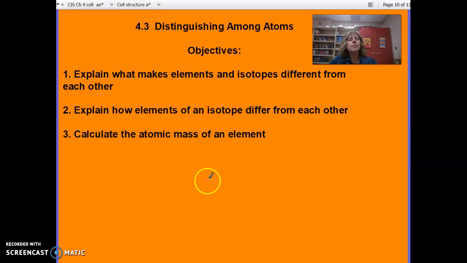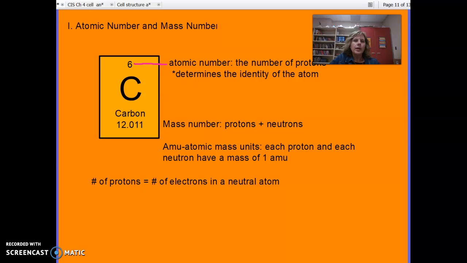All right, the last part of this chapter, and I feel like chapter 1 is very short. We're going to talk about isotopes, how they're different from each other, and what makes an isotope. We already talked about the information we find on the periodic table. You should already be familiar with that. We see the element symbol, the element name, and the atomic number, which is the number of protons.